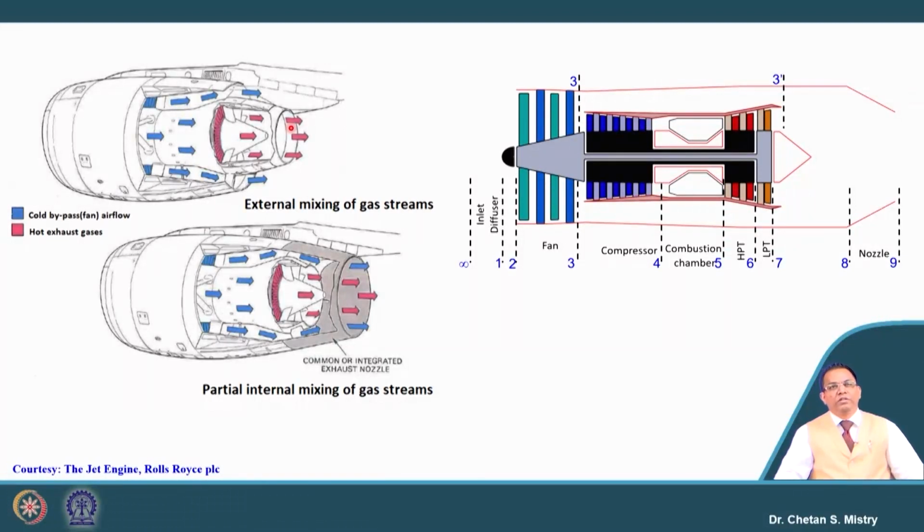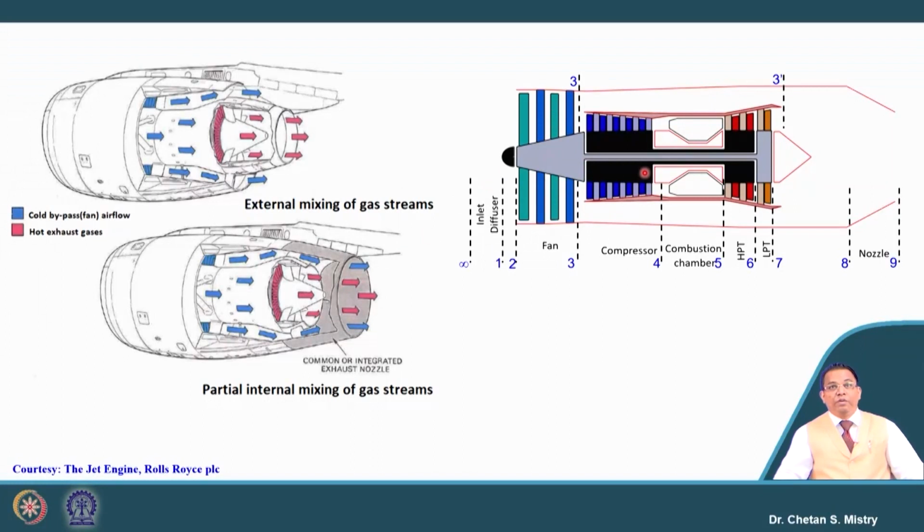Now, let us think slightly differently. Suppose I make some arrangement in which the exhaust from the turbine and the exhaust from the fan both mix at some location, and after mixing come out from a single nozzle. So, it is a partial internal mixing kind of configuration.